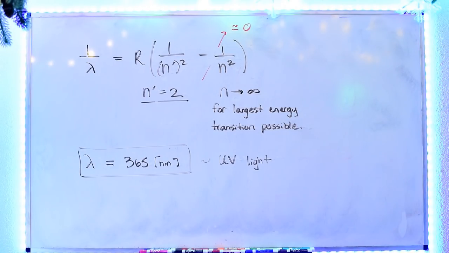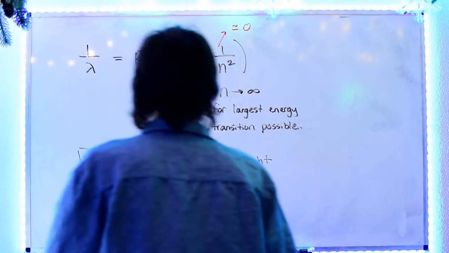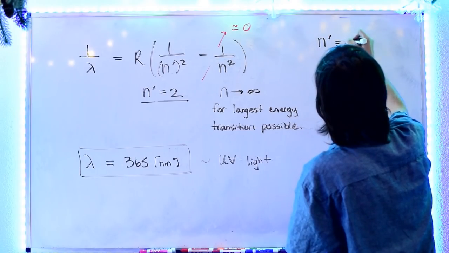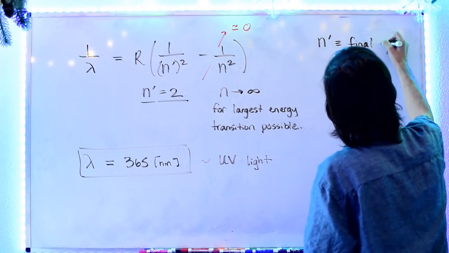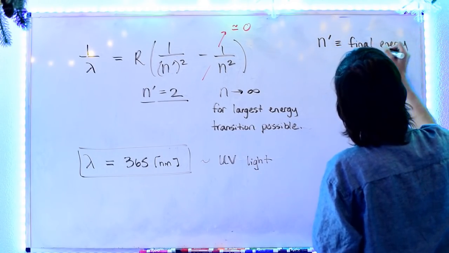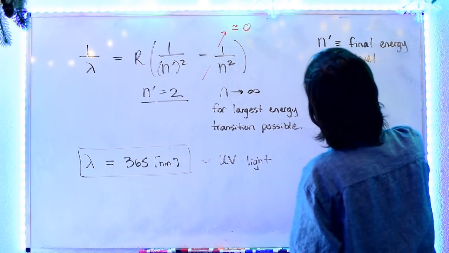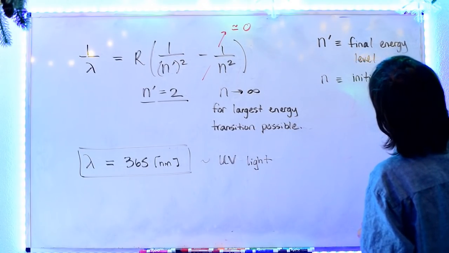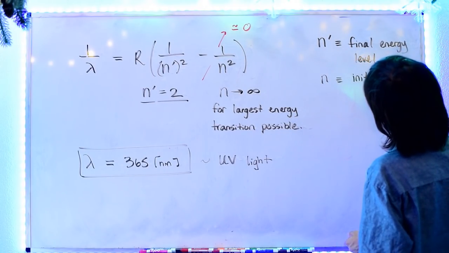How do you know n prime is 2 instead of n? That's because the definition is that n prime is defined as the final energy level, and n is defined as the initial energy level.